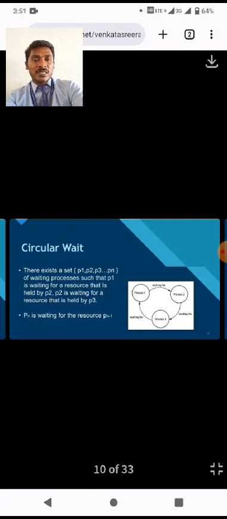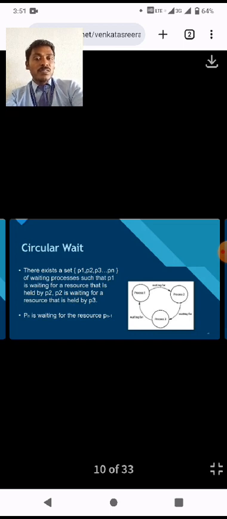Next is circular wait. There is a set of n processes: P1, P2, P3, P4, P5, up to Pn. Process 1 is waiting for a resource that is held by process 2.